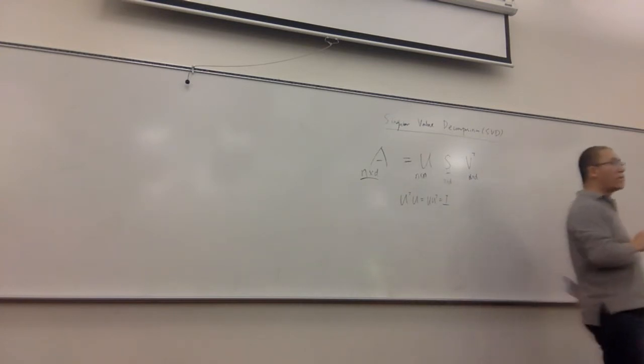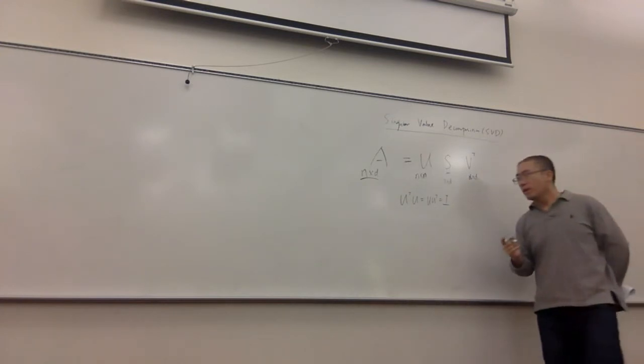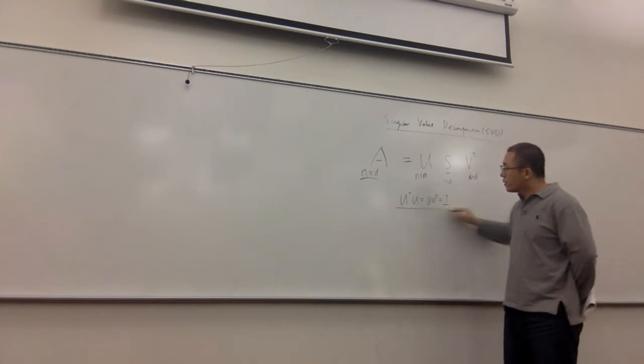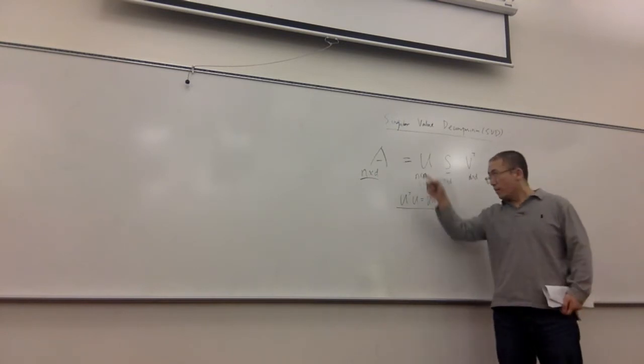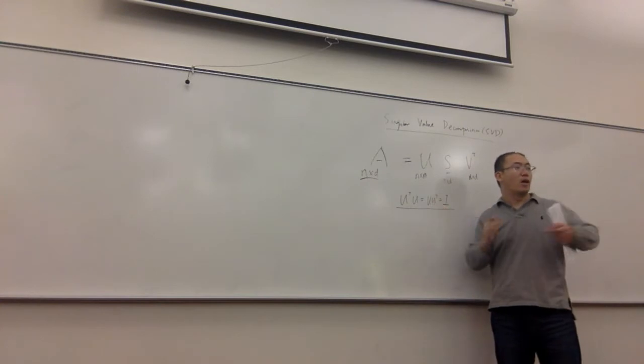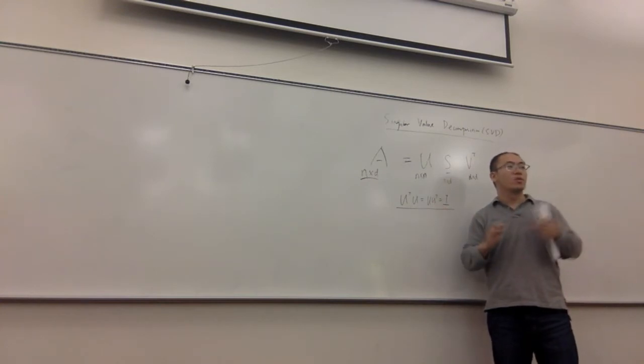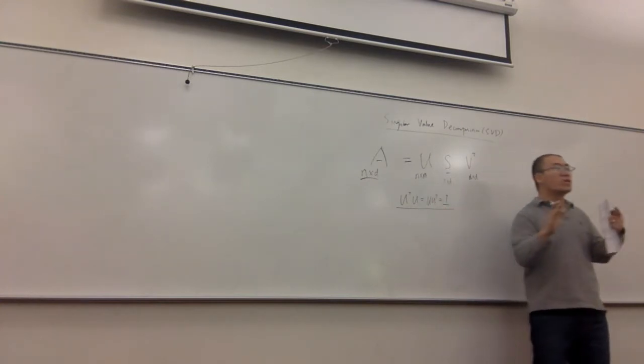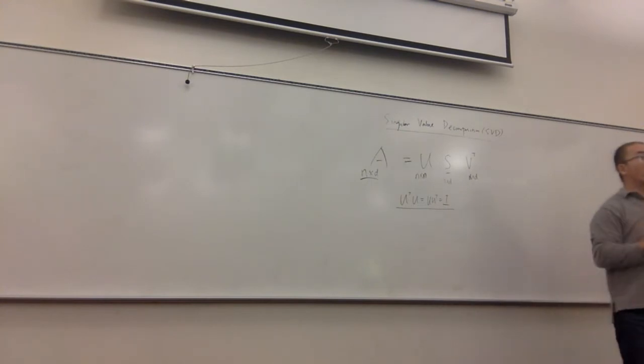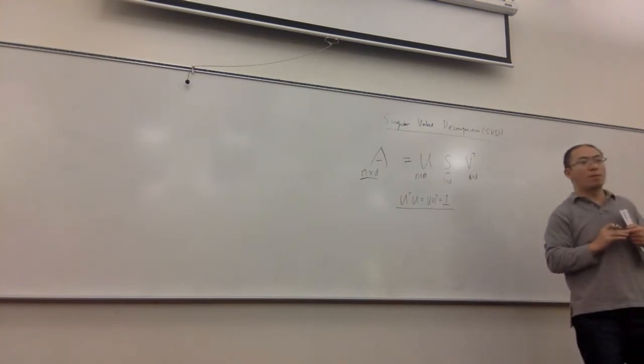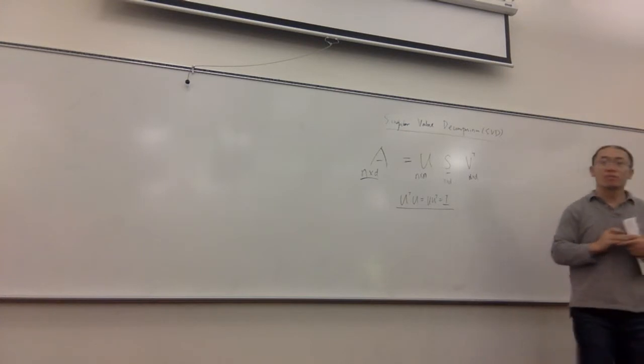This is a basic property of orthogonal matrices. That means the columns of U are orthogonal to each other. So what does it mean for two vectors to be orthogonal to each other? The inner product is 0.